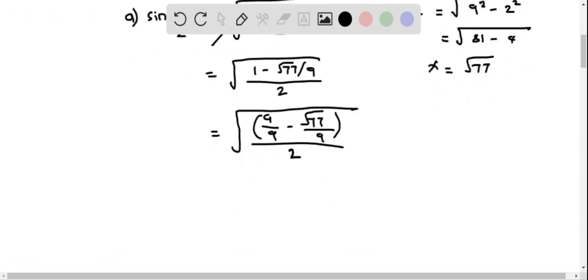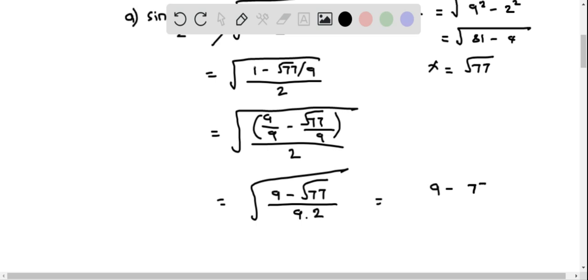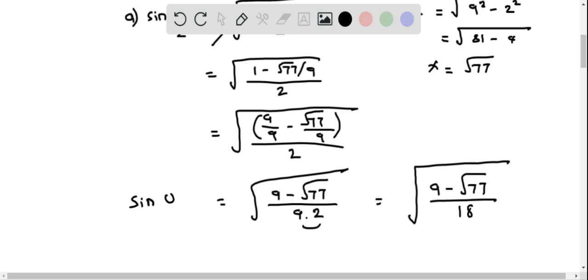Since we have the common denominator 9, the numerator is 9 minus root 77 divided by 9, and we already have a 2 in the denominator. So this 9 gets multiplied with 2, and therefore this equals the square root of 9 minus root 77 divided by 9 times 2, which is 18. And so this is the value of sine theta by 2.